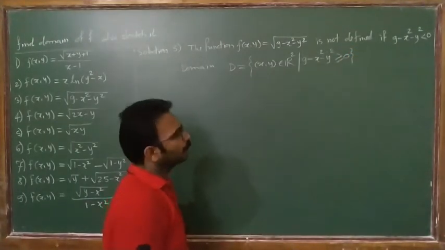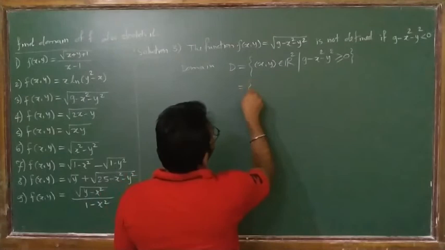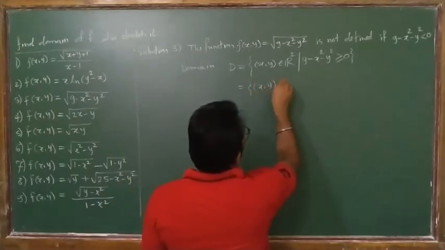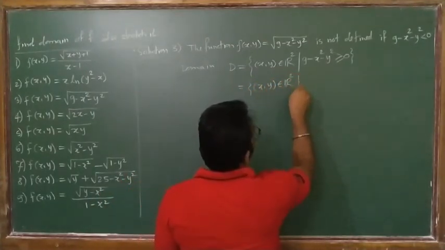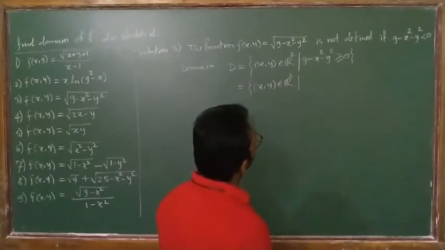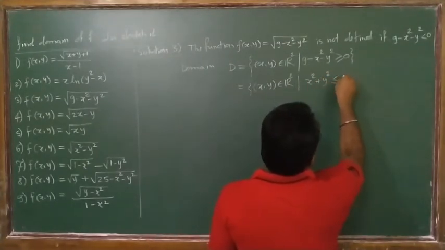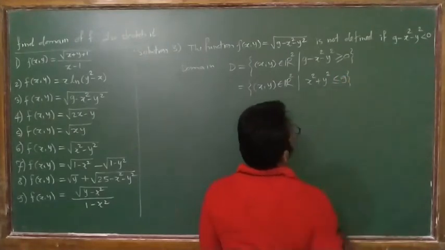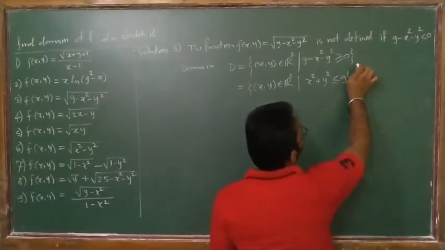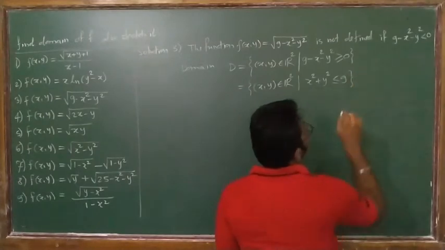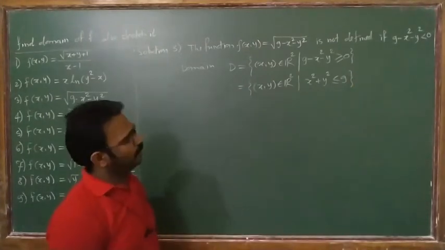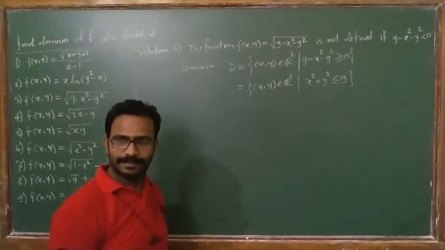It means what? It will be the collection of the ordered pairs from R2 for which x square plus y square should be less or equal to 9. Am I right? So this is the domain for function f.